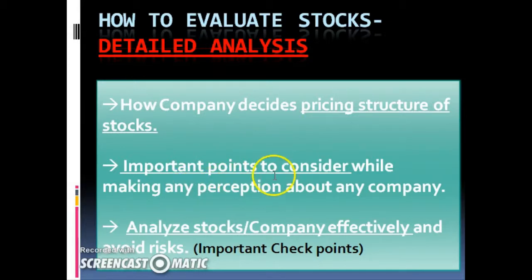The second thing is we learned about important points to consider while making a perception about a particular company, and the methodology to make the perception about the company's profitability or stock market results. The third thing that we just learned about is analyzing stock companies effectively, as well as avoiding risk while doing any investment.